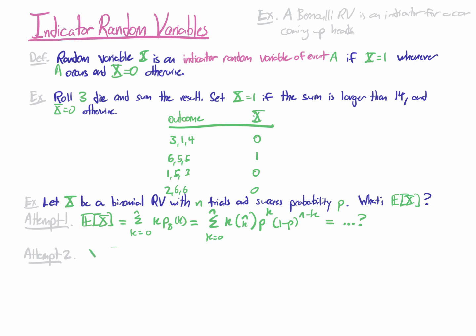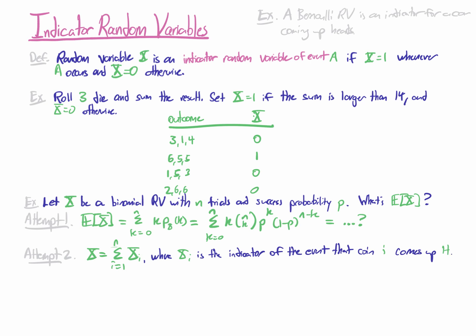So in particular, I'm going to say that x is equal to the sum from i equals 1 to n of x_i, where x_i is the indicator of the event that coin i comes up heads.